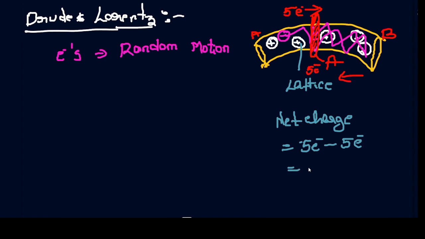So 5 electrons and 5 electrons make zero. So the net charge here is 0. Not only 5 electrons, you can also consider n electrons going from A to B and n electrons from B to A. Whatever the number, the same number of electrons go from A to B and from B to A, so the net charge is always zero.